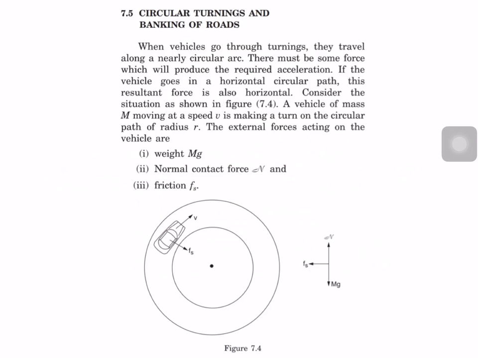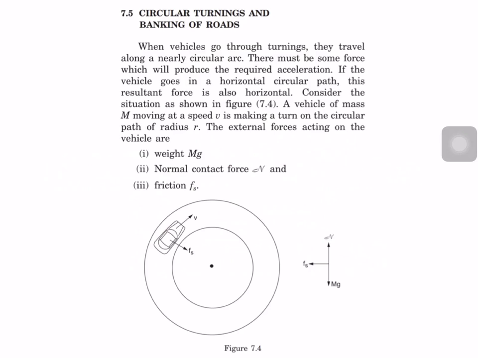See, listen. If you consider the circular path where the car is moving with velocity v, you can see in the picture the weight of the body is mg, right? You know that the weight is always acting vertically downwards. The equal and opposite force, that is the normal force, is acting vertically upward, right?